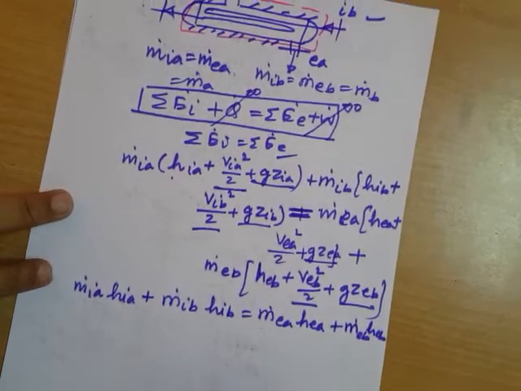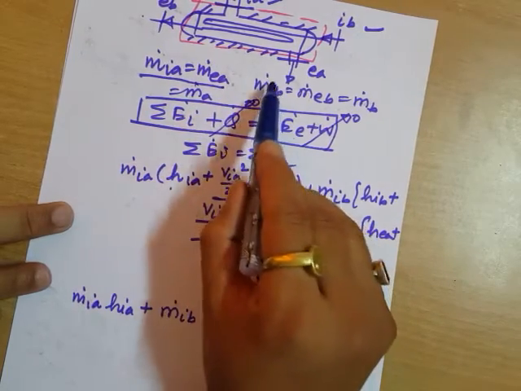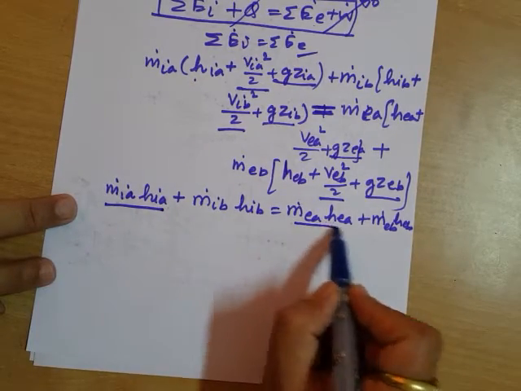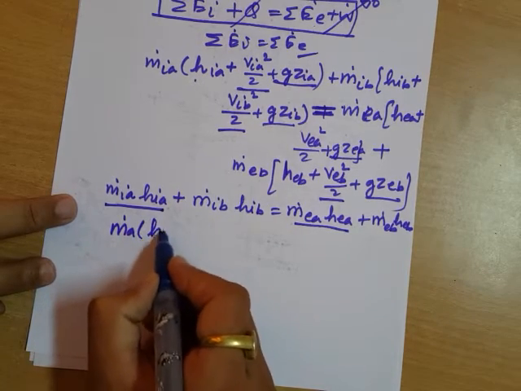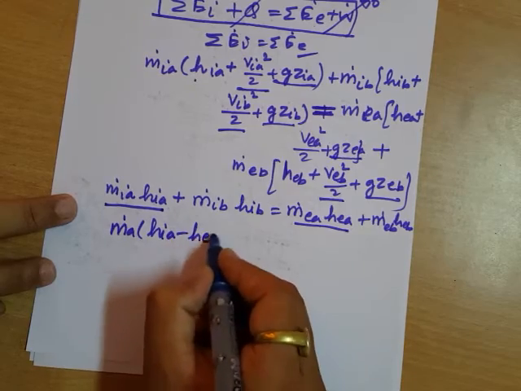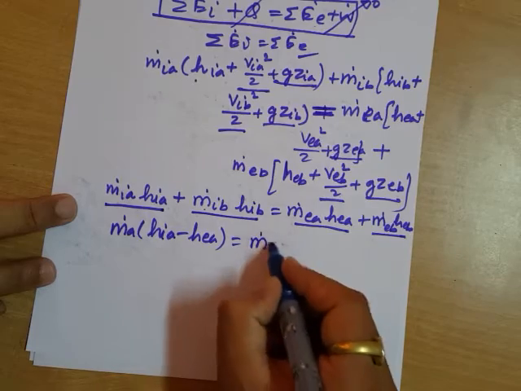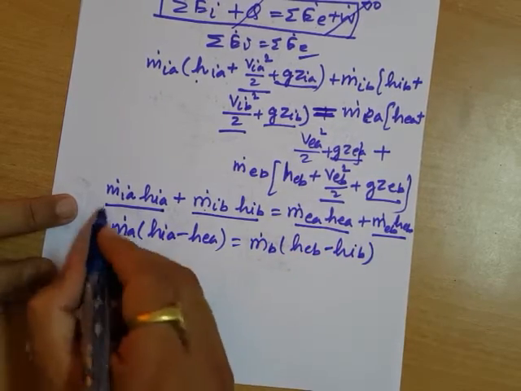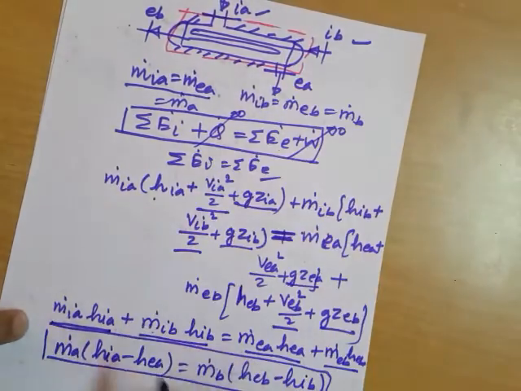But friends, you know that the flow process is steady. m dot IA is equal to m dot EA, which is m dot A, and m dot IB is equal to m dot EB, which is m dot B. So combining this and writing it as m dot A times HIA minus HEA, and combining this and writing it as m dot B times HEB minus HIB, this is my energy equation for this control volume.